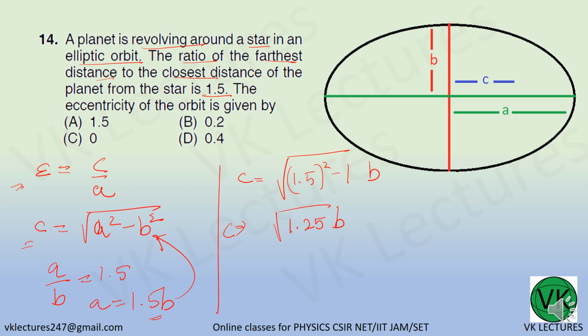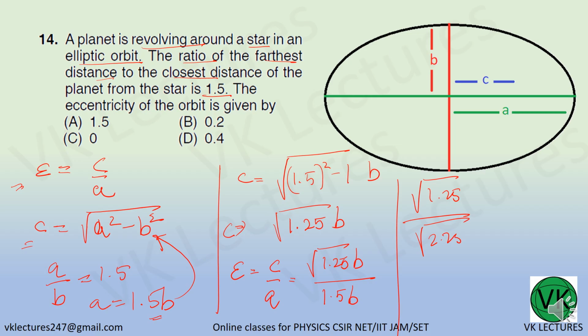So eccentricity is equal to c divided by a, is equal to under root 1.25 b divided by 1.5 b. This we can write as under root 1.25 divided by under root 2.25, which is equal to under root 5 divided by 9.